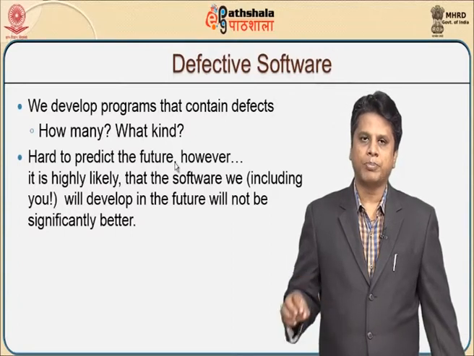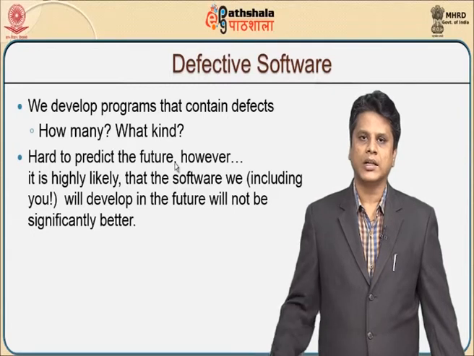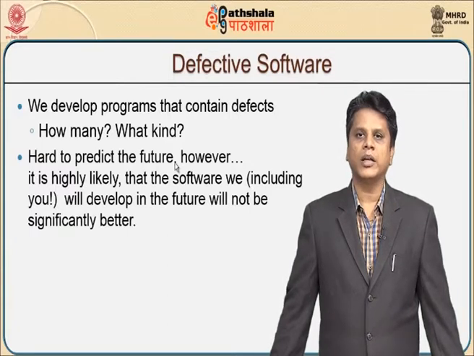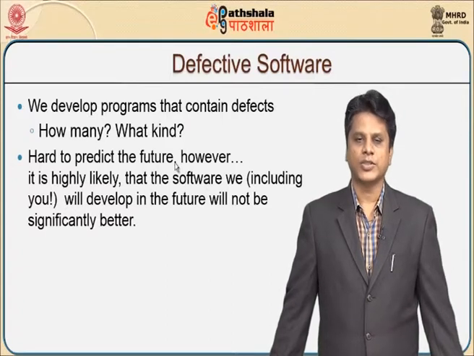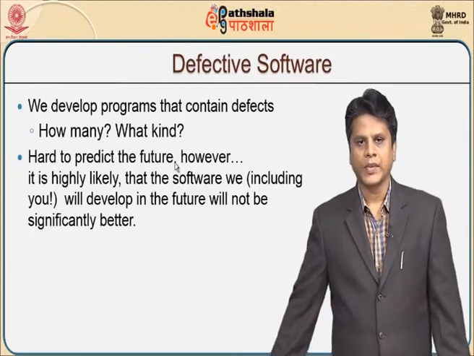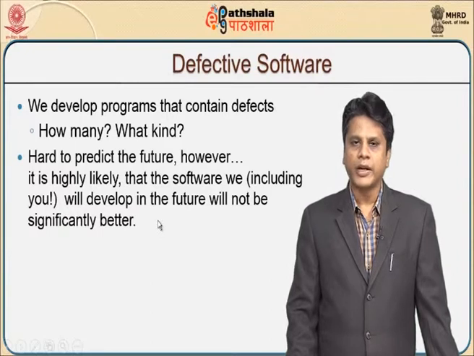Having assigned a person with the role of software test engineer or software tester, the responsibility of the tester is to identify how many bugs are really with the software, how defective the software is, or what kind of defects are associated with the software. But it has really been hard to predict the future.